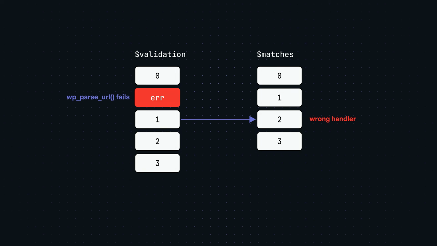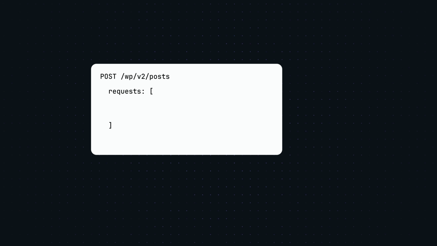It sends a batch containing just one request, a POST to the v2 posts endpoint, which itself carries a requests body. Since the parent request was correctly validated as a POST request, any requests in the request body end up bypassing the method allow list, letting you send GET requests.